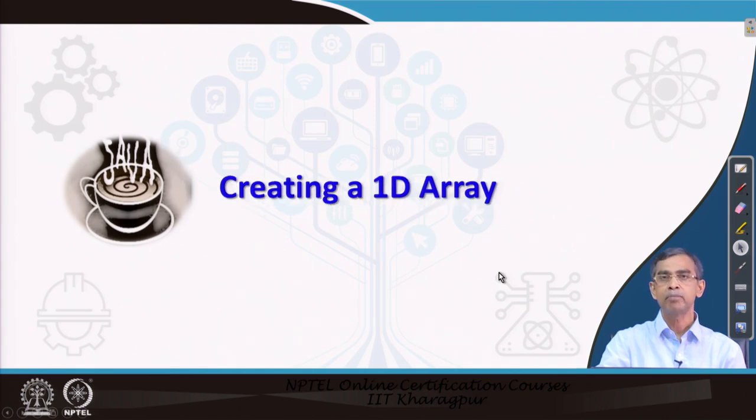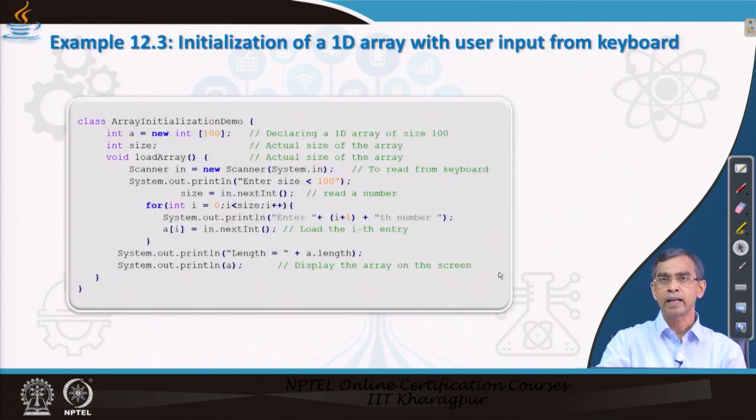Now, let us quickly come to the discussion of different operations on arrays. Let us first discuss how a 1D array can be created while you run a program. I gave an example for your easy understanding. Again I advise you to download the program to your own computer, run it, and try to understand.